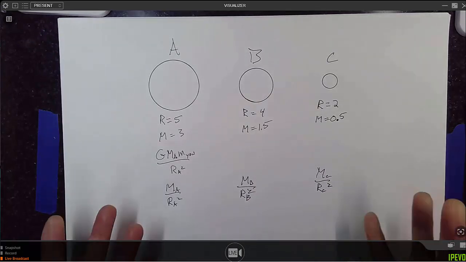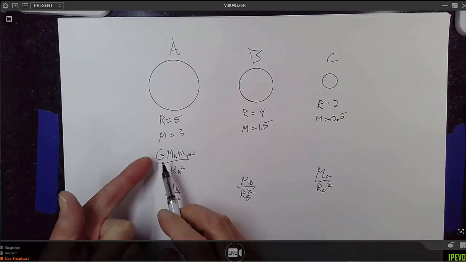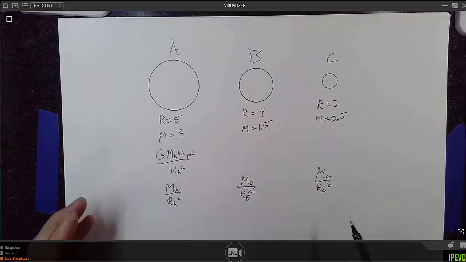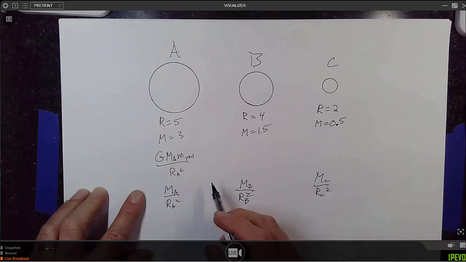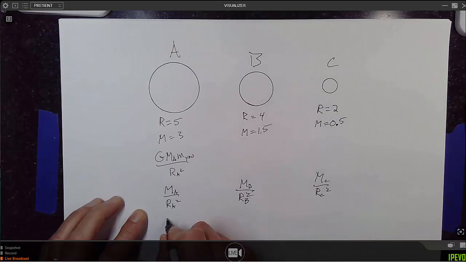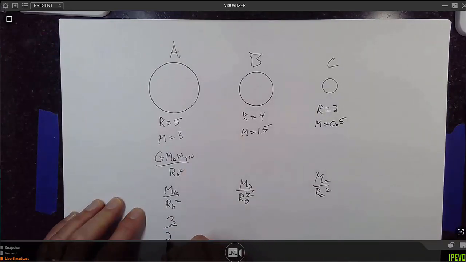I'd be multiplying all of them by G and by the mass of you, but that won't change their relative size. Okay, so I'd have 3 divided by 5 squared is 25.